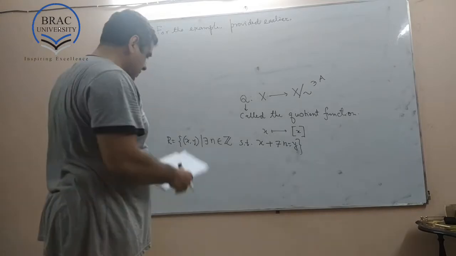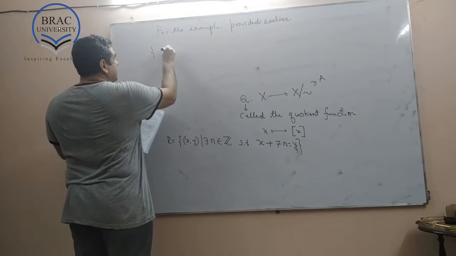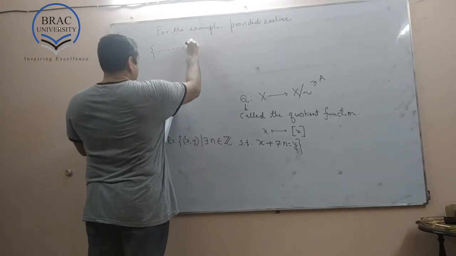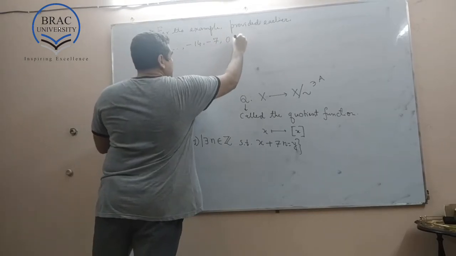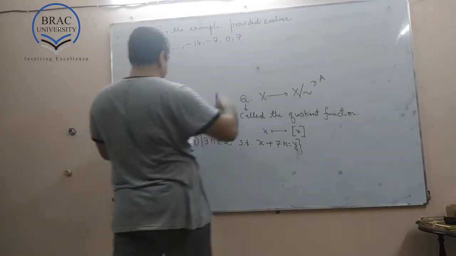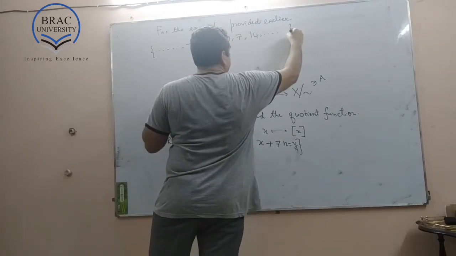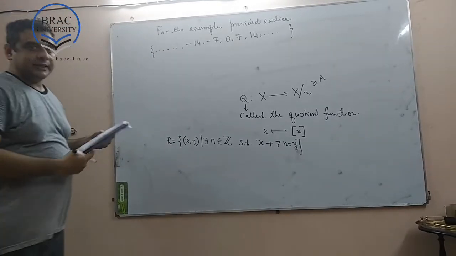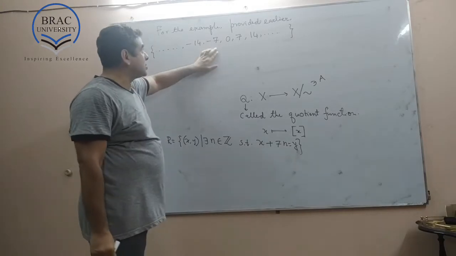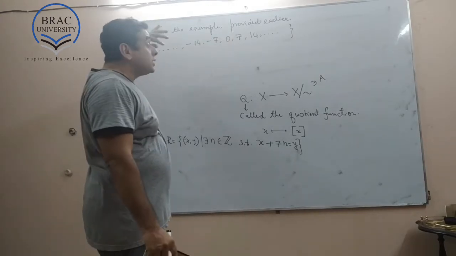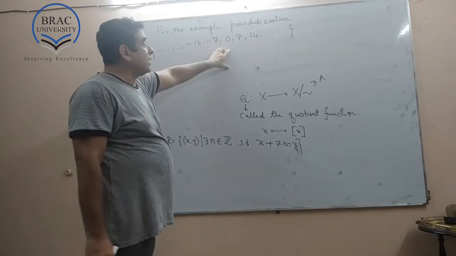Okay. So let us verify immediately that -14, -7, 0, 7, 14, and it keeps going on forever to positive infinity. These integers, which are 7 apart from each other, are all equivalent to each other.